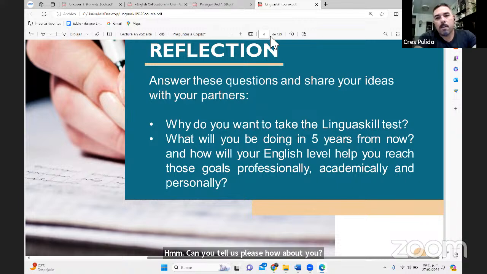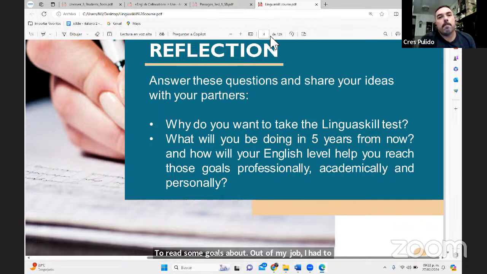Okay. I want to take the test because it's an important goal for me, and it's important for me to improve my English. I'm not sure what I'm going to do in 5 years, but I'm sure that my level of English will help me to reach some goals in my job, to improve relations with suppliers, with new clients.